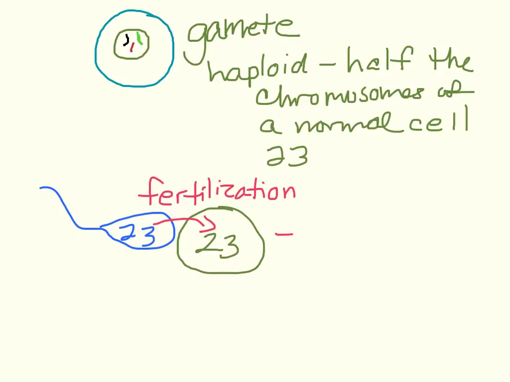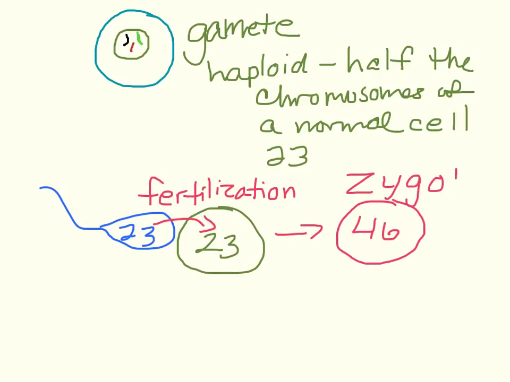And that creates a single cell of 46 called a zygote. That is the first initial cell created from fertilization.